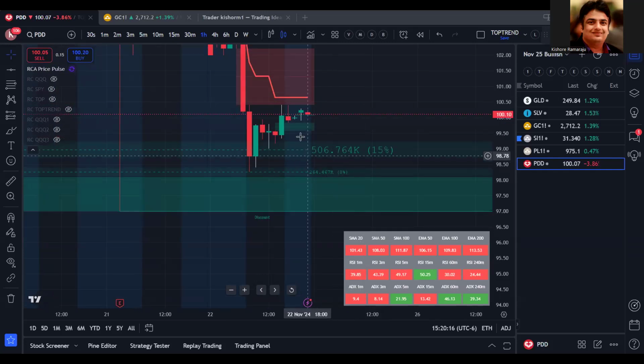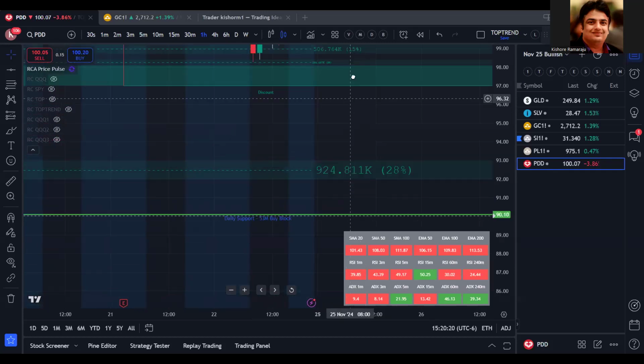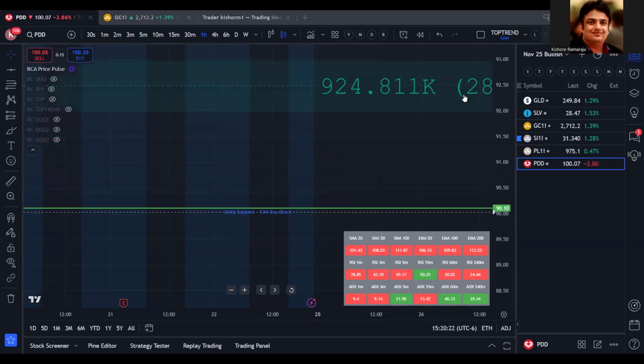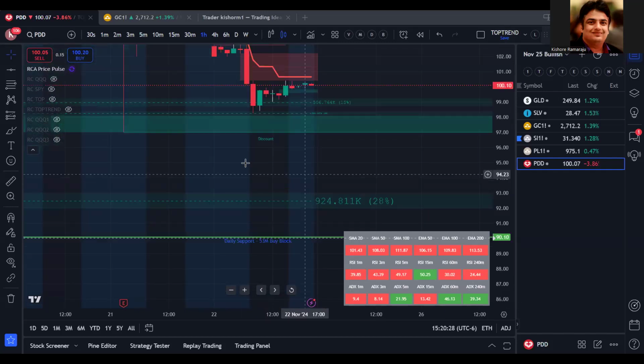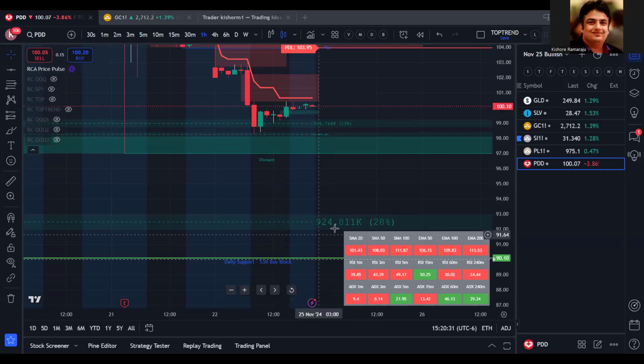There are some small buy order blocks here, but around $90, 92 is very strong support. So now I'll start looking for a buy opportunity.